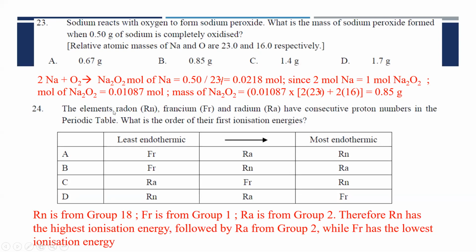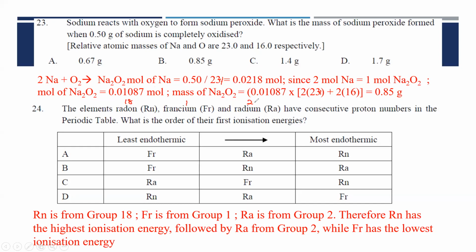Number 24. The elements radon, francium, and radium have consecutive proton numbers. What is the order of their first ionization energy? You need to check this in your periodic table. Where are the positions of radon, francium, and radium? For information, radon is from group 18, francium is from group 1, radium is from group 2.